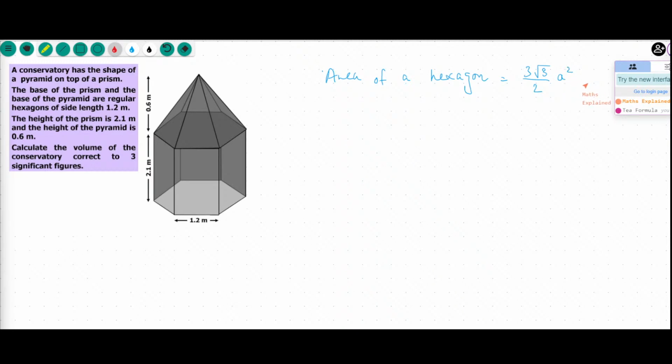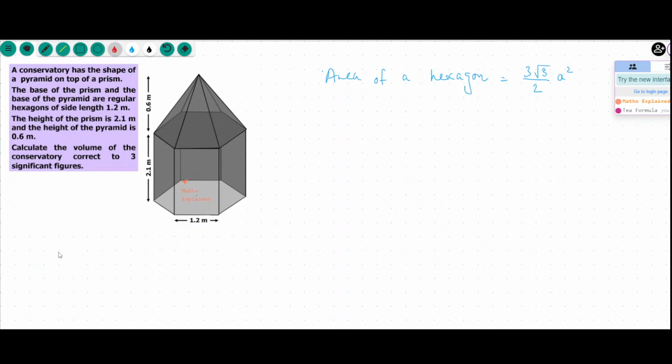It's 3 root 3 on 2 a squared, where a is the side length of the hexagon. And the 3 on 2 root 3 comes from, where does that come from? Three on 2 root 3.